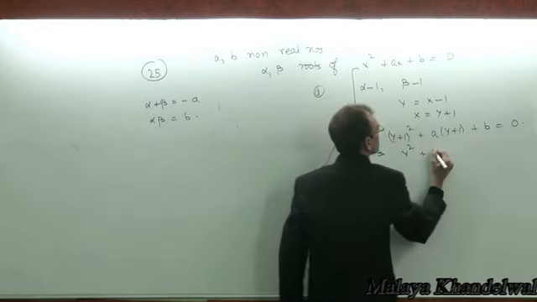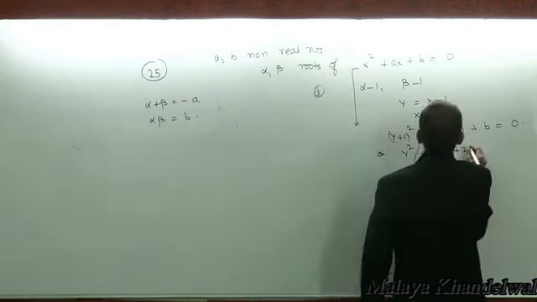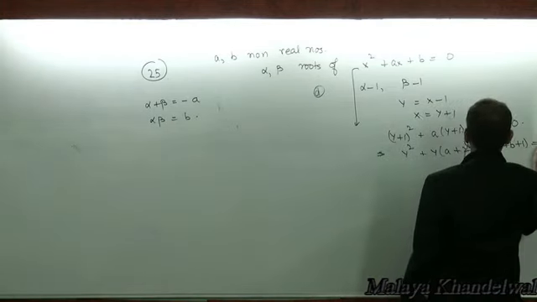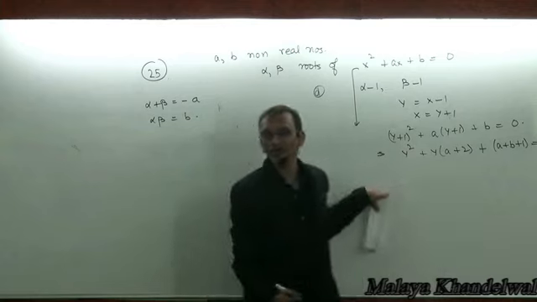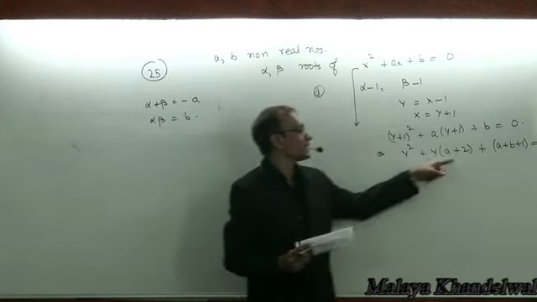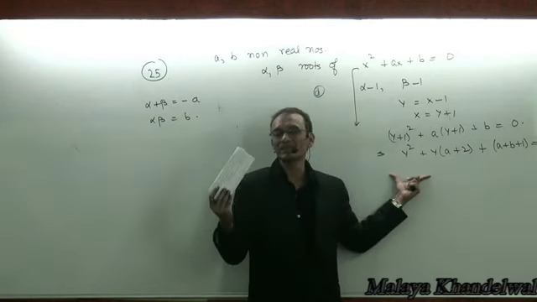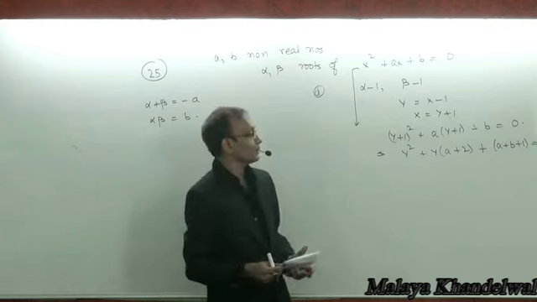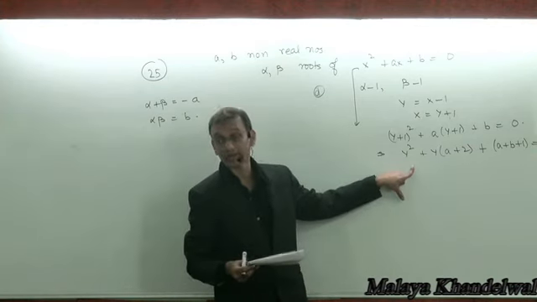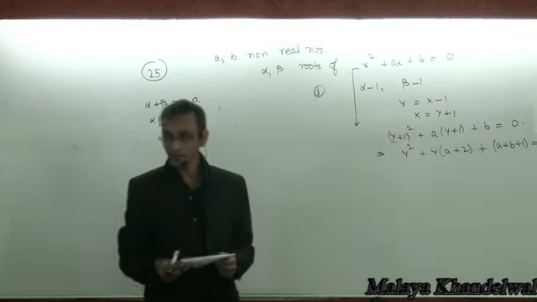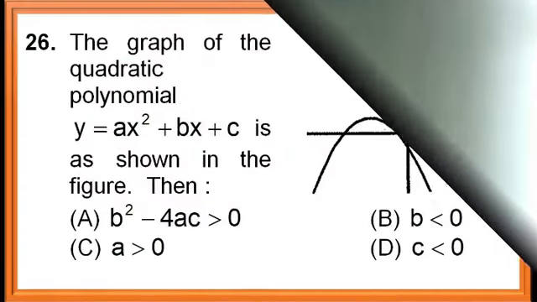Y square plus y into a plus 2 plus a plus b plus 1 equal to 0. And now instead of y, if you had x, it doesn't matter, you will get the same roots. Instead of y, if you plug in some x or y or some t, you will have the same roots. So yes, this option is also correct. This option is, option D, as you can see, is correct.